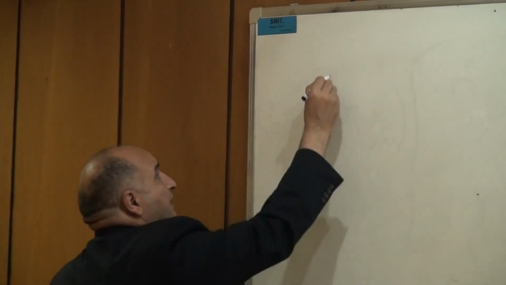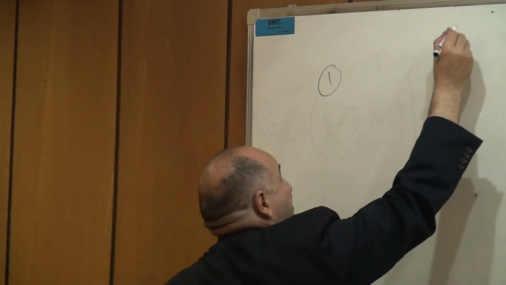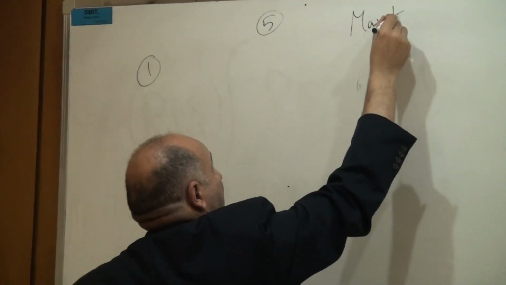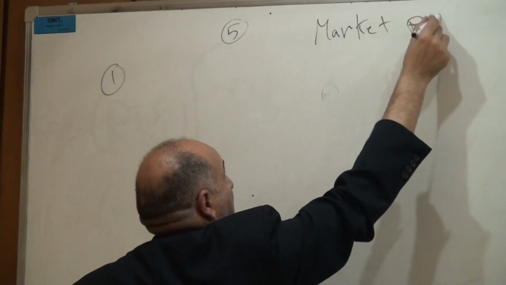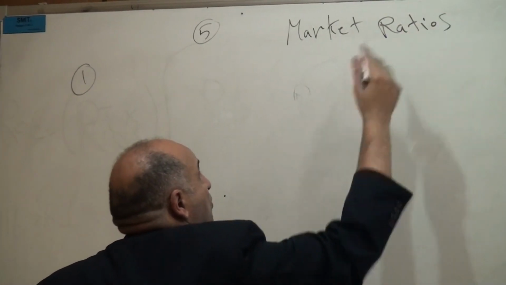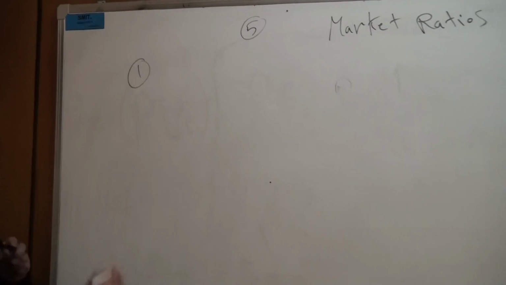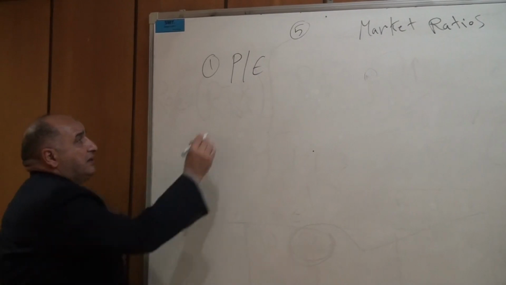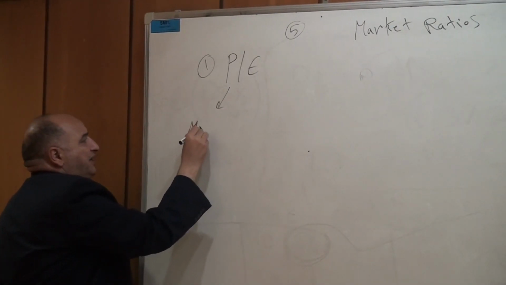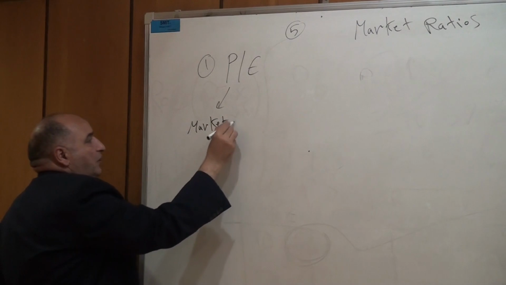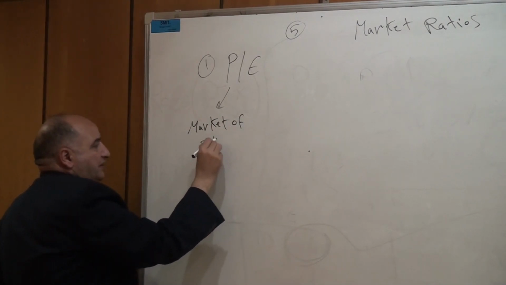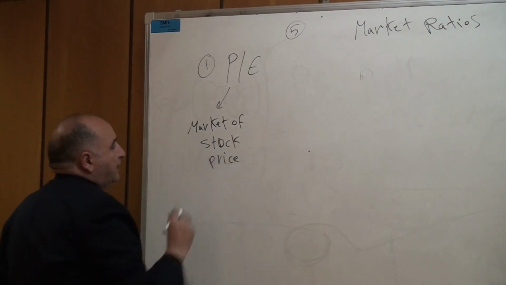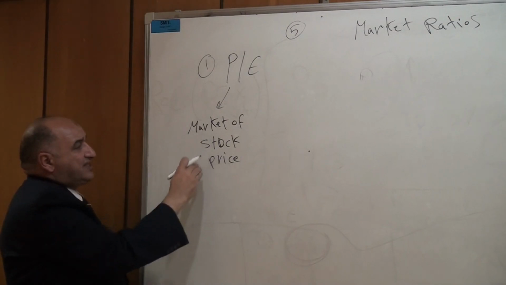Number one, so now this is the fifth group, which is market ratios. نسب السوق. It means سوق المال يعني. First one, normally we call it PE. P means the market price of the stock. سعر السوق أو سعر السهم في السوق.